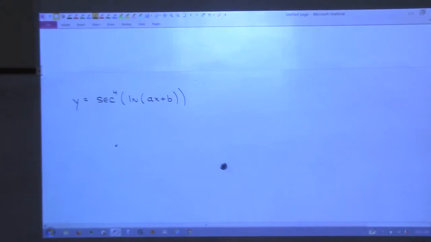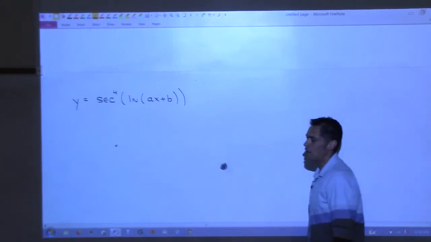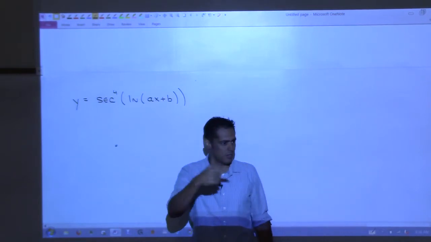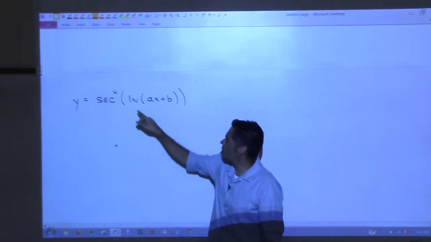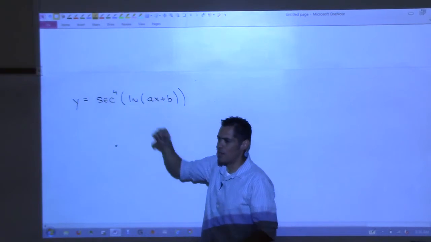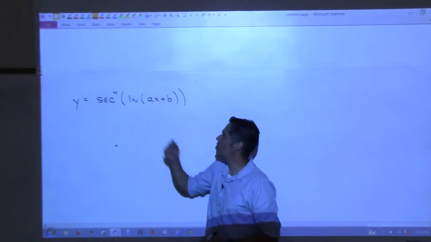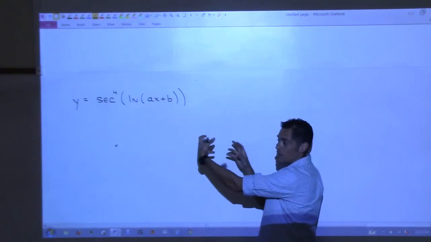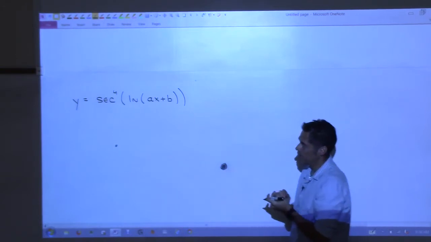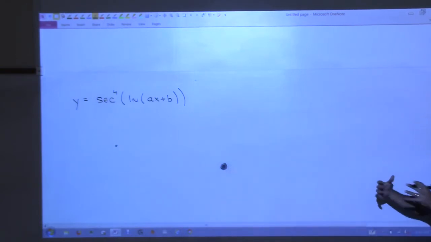Yeah, there's chain rule here. Now we cannot use the properties of logs that I had shown earlier because the log is inside of stuff. It's not by itself, so it's not outside, so we can't use those convenient properties to expand this out. So we're just going to have to go with the chain rule.